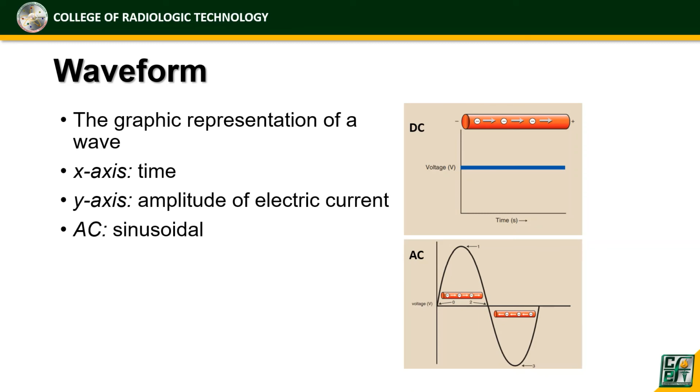Sa alternating current ay sinusoidal ang kanyang waveform at ang sa DC ay straight line. Tandaan, DC straight line, AC sinusoidal waveform.